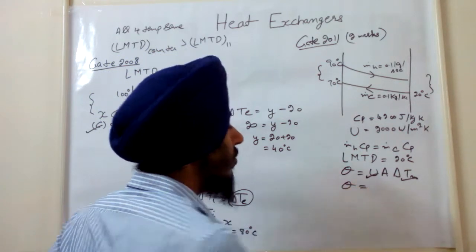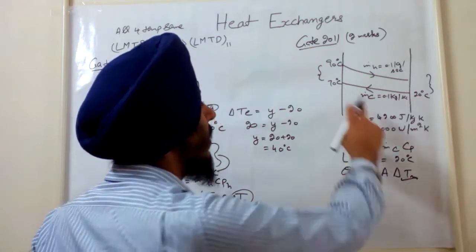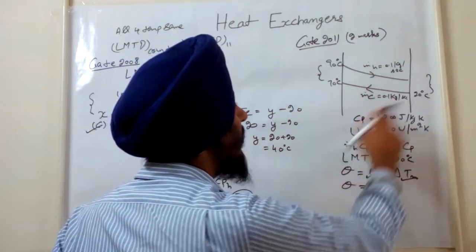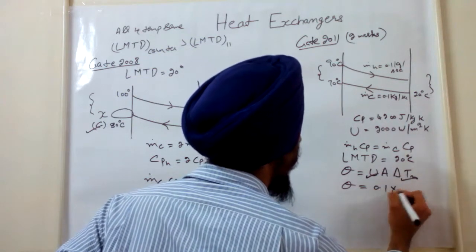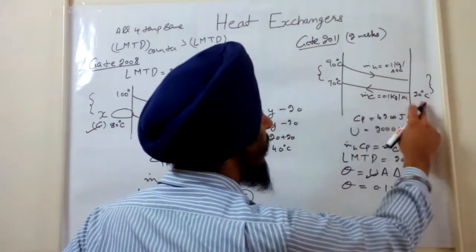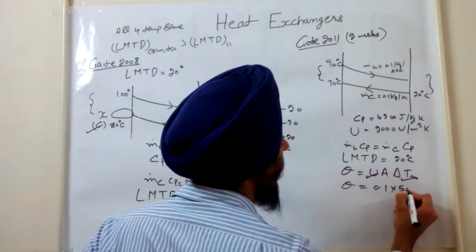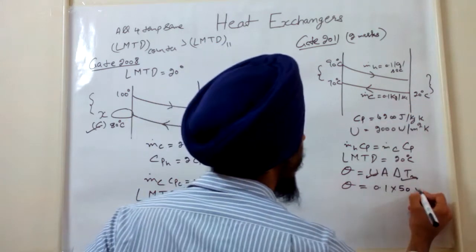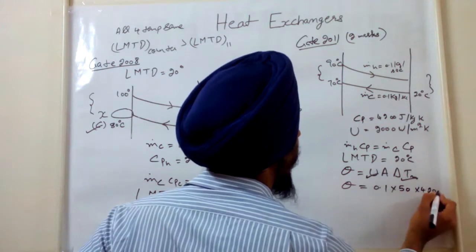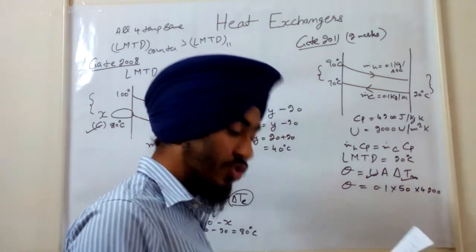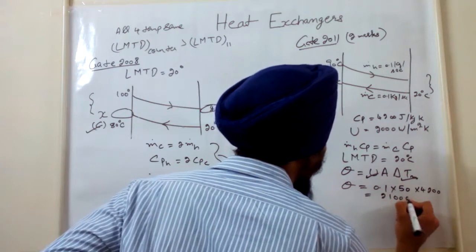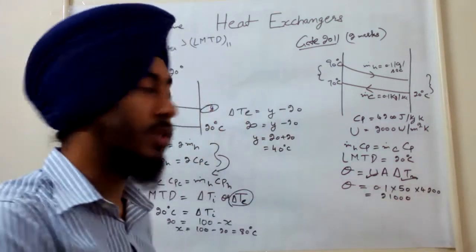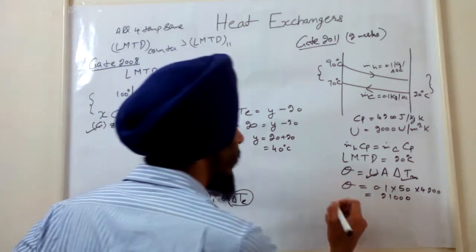Q can be found out by using Q is equal to m dot Cp delta T, 0.1 into 70 minus 20 into 4200. The answer is 21,000.